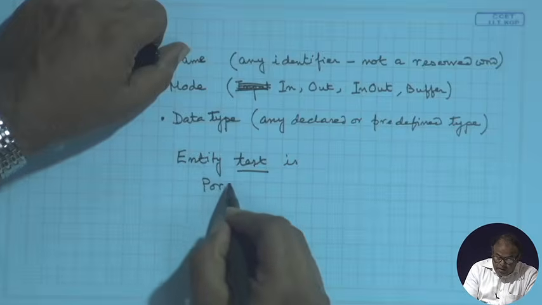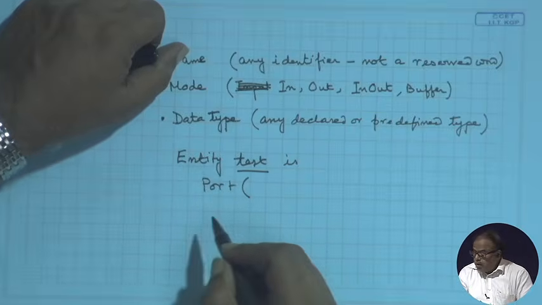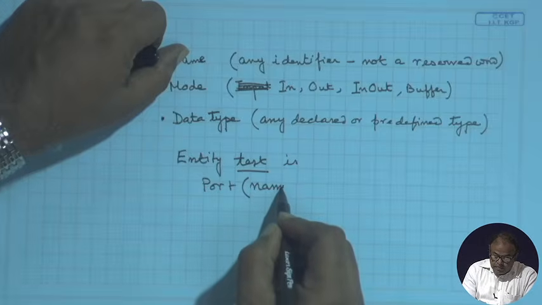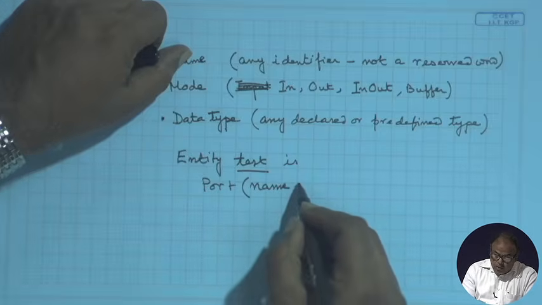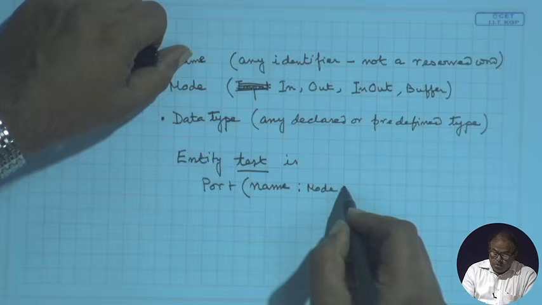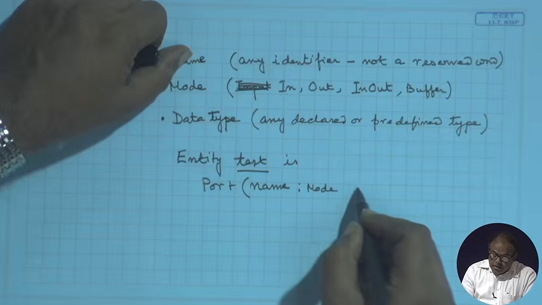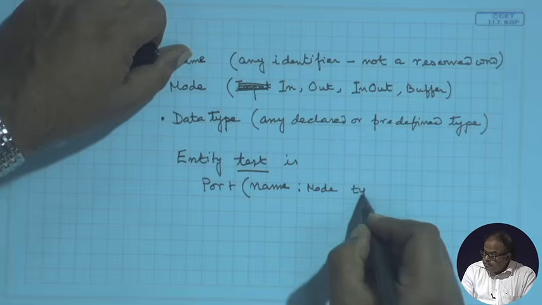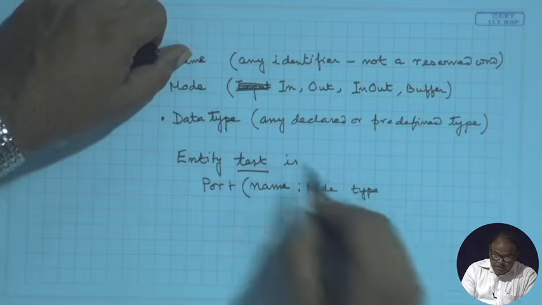Now the port can be whatever port name you give, then colon, the mode, in or out, and then the type, that means the data type.